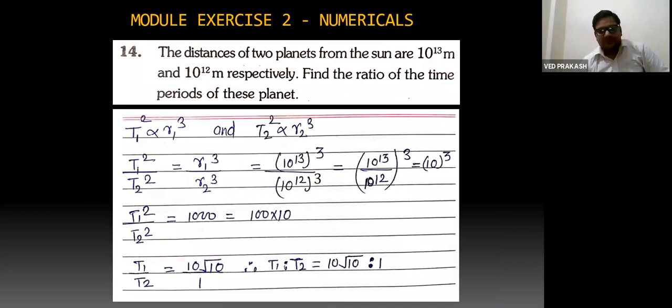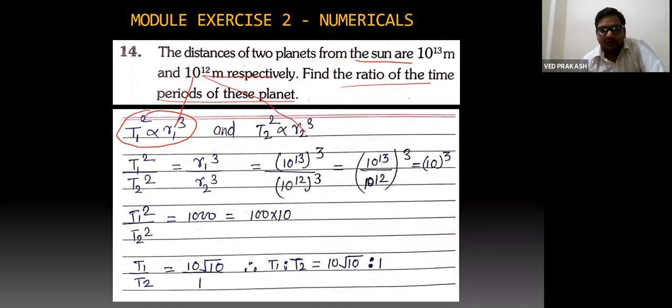Here we have to solve a numerical. The distances of two planets from the sun are 10 to the power 13 meter and 10 to the power 12 meter respectively. Find the ratio of time periods of the planets. So we all know that T square is proportional to R cube. So in place of r1 cube, we will write 10 to the power 13, and in place of r2 cube, we will write 10 to the power 12.